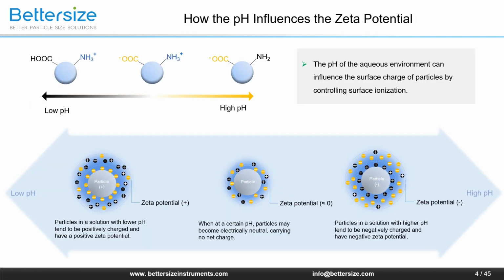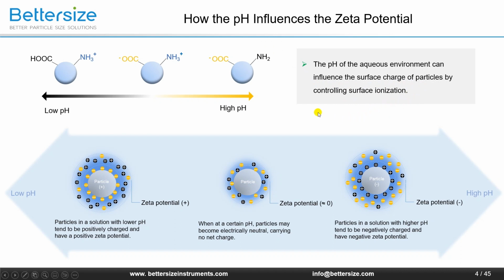You must have known the zeta potential is the electrostatic potential at the shear plane of the particles in a colloidal system. It can be influenced by the surface charge of the particles and the activity of hydrogen ion in an aqueous solution. In other words, the pH of the environment can influence the surface charge of particles by controlling surface ionization.